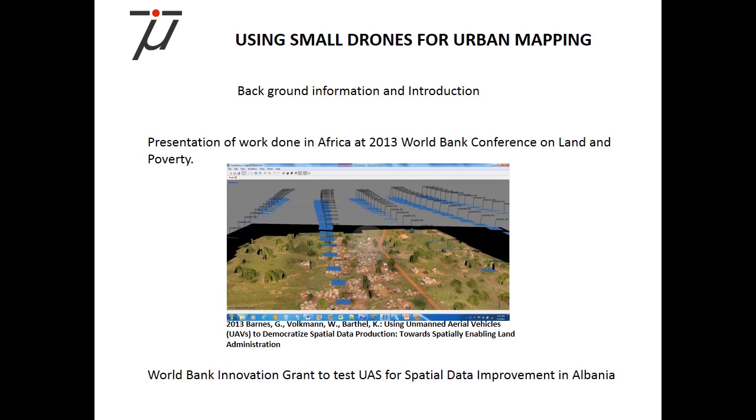In April 2013, we attended the annual World Bank conference on land and poverty, me and Grenville Barnes from the University of Florida, and we gave a paper on some of the work that I did in Africa before, motivating for using small drones of this kind to do boundary adjudications and cadastral mapping and so on. As a result of that, an employee of the World Bank applied for an innovation grant, got some money, and off we went to Albania.